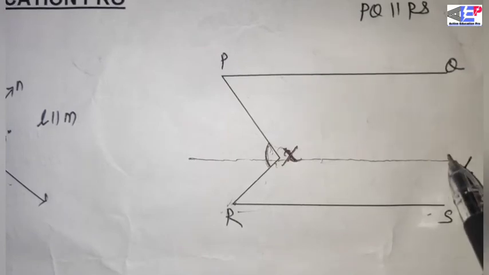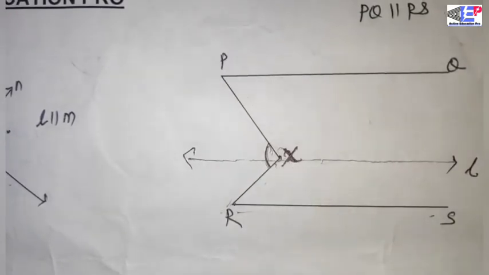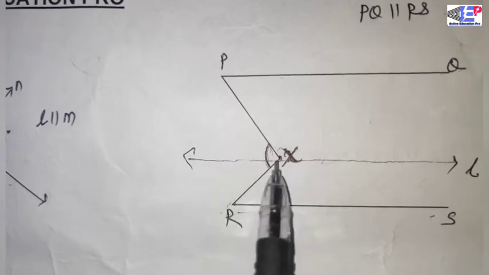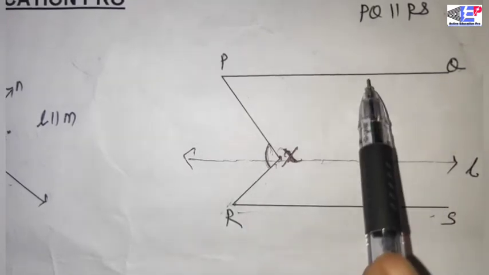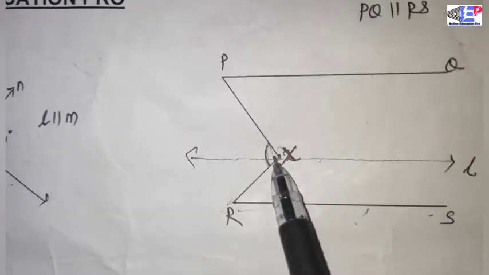This is L. You have to draw a dotted line at point X. This line L is parallel to PQ and also RS. Already we have that PQ is parallel to RS, but once again I draw a line parallel to both PQ and RS at point X.